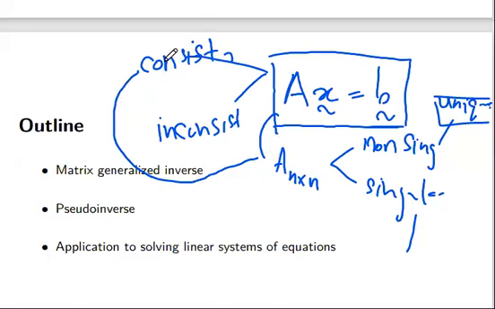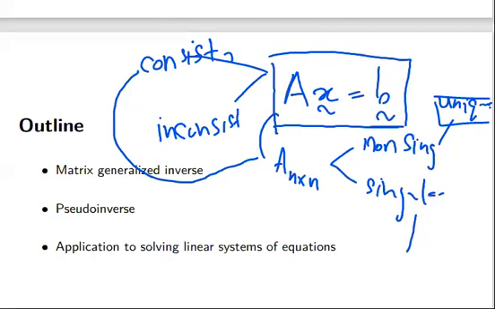I will explain this later. If this system is consistent and the coefficient matrix is singular, how many solutions are there? Anybody? Hurry up.